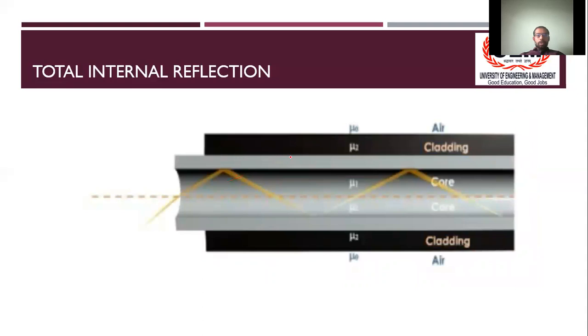Since no light ray is leaking out into the cladding region, we see that by maintaining this critical angle, we are transmitting the light rays towards the end of the fiber core by maintaining total internal reflection.